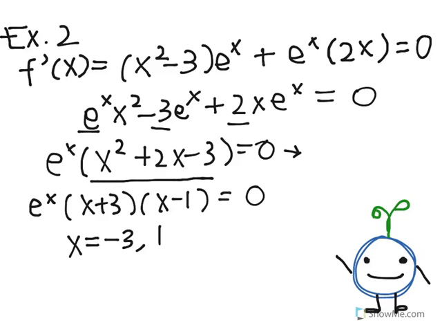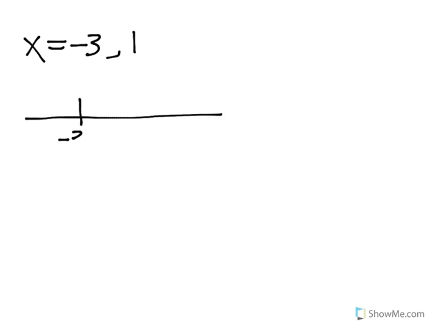Then we can see that x equals -3 and 1. Okay, so from here we will be using the sign chart. Our points are -3 and 1, and the sign chart will look like this. We'll have the candidate points, -3 and 1.